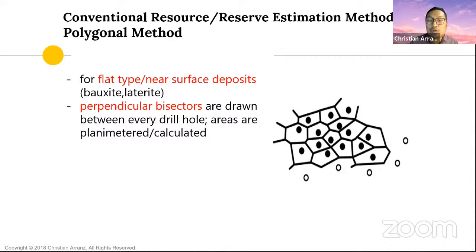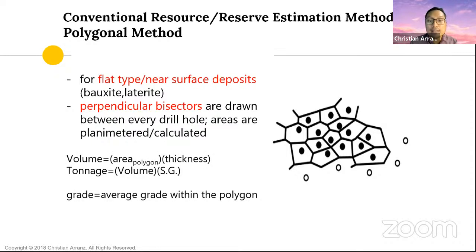Areas are planimetered or calculated. Again, nagdo-draw ka ng lines in between or gumagawa ka ng perpendicular bisector sa pagitan ng bawat drill holes. I'll show the process to you in a while. Pero imagine if you have all of these polygons, okay? Polygons yan, so may areas yan, may sides. So pag may polygon ka, technically kaya mo makuha yung area nung polygon.